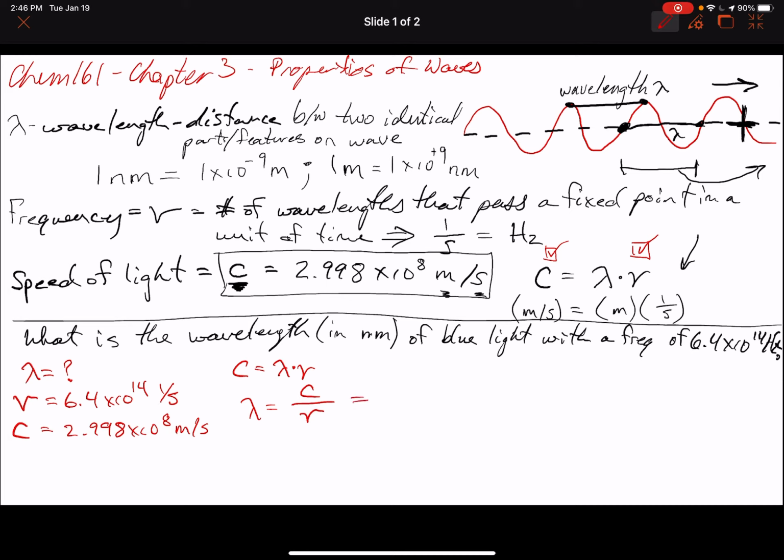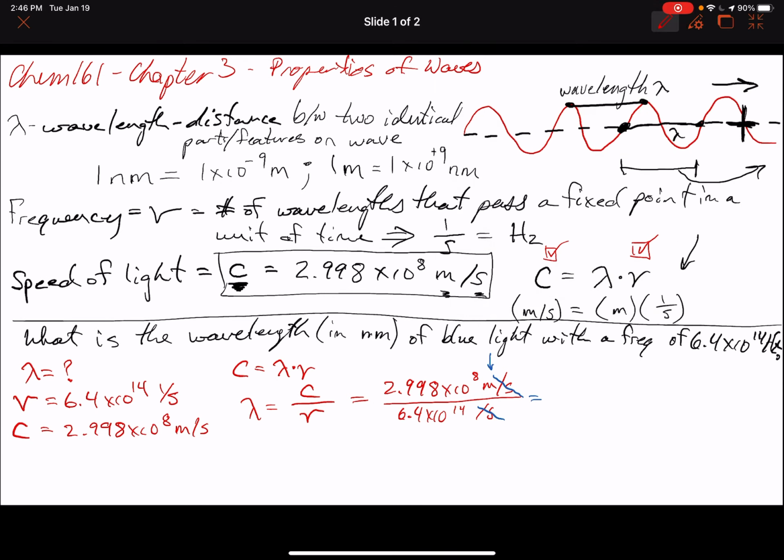And so inputting the parameters now, we're going to have 2.998 times 10 to the 8 meters per second divided by the frequency, 6.4 times 10 to the 14 per second. And to show you how units cancel, the per second in the numerator will cancel the per second in the denominator, and my only units left will be the meters. So this answer will come out to be in meters.